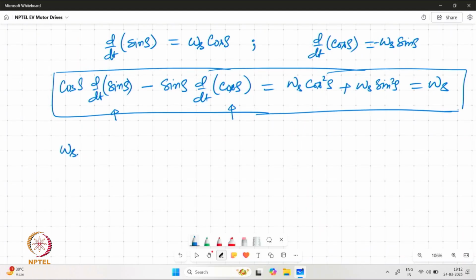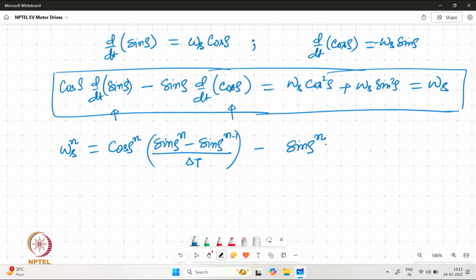So when we are talking about the practical estimation of speed at this sample, say the nth sample, we are talking about taking the value of cos rho at the nth sample, and the value of sin rho at the nth, and then subtracting the n minus 1th sample over a time period which could be our sampling time, and then subtracting the next part of the expression, the nth sample of sin rho multiplied with the difference equation corresponding to d/dt of cos rho.